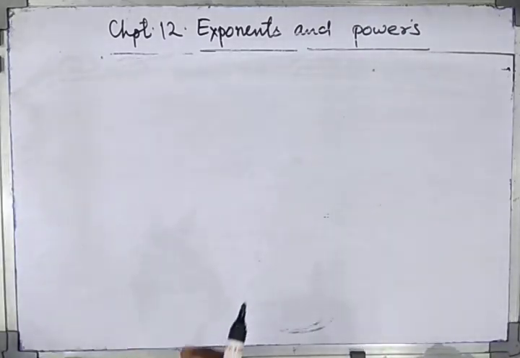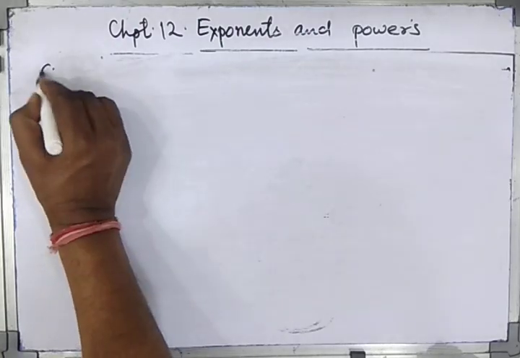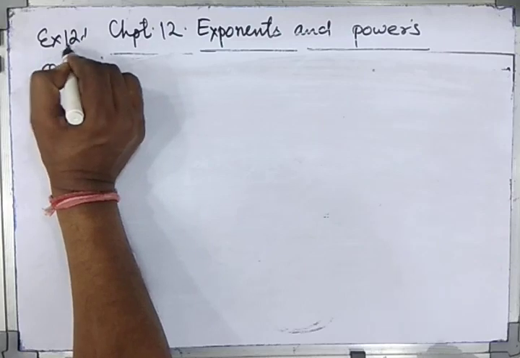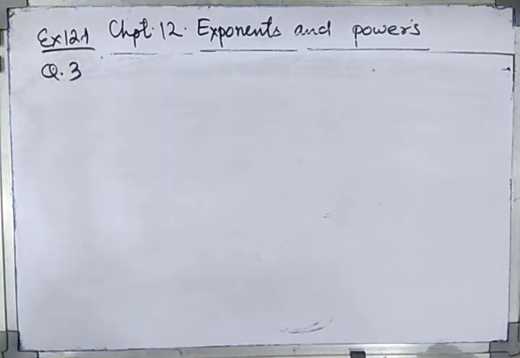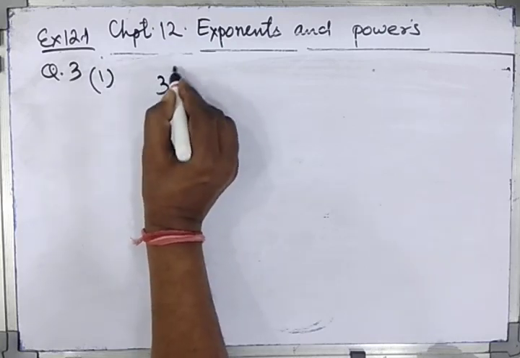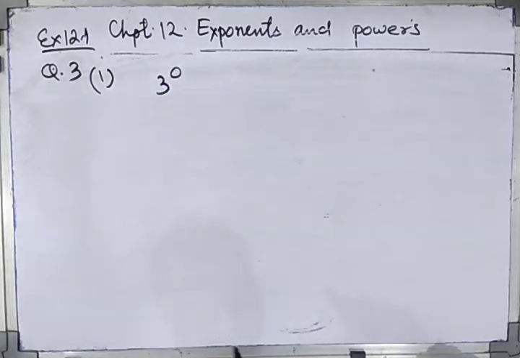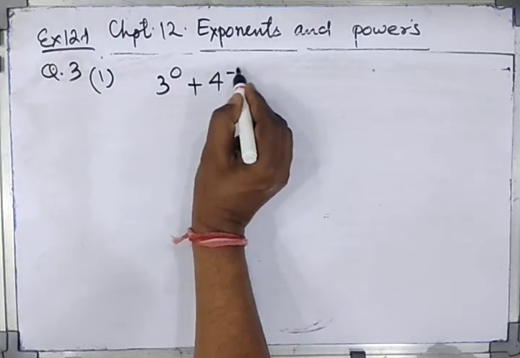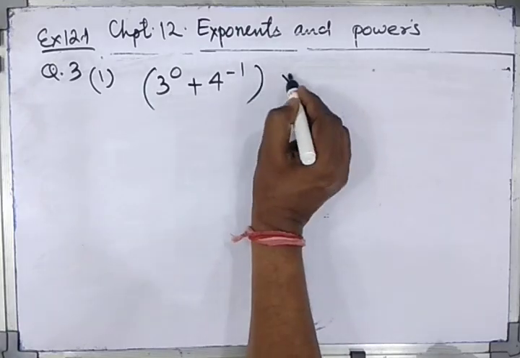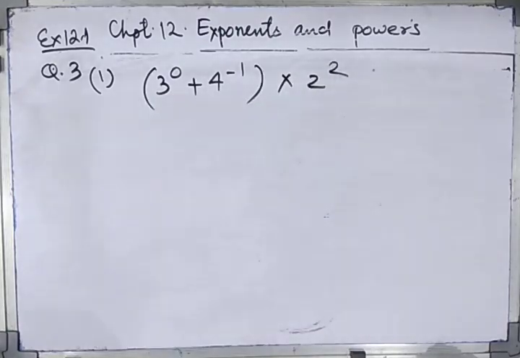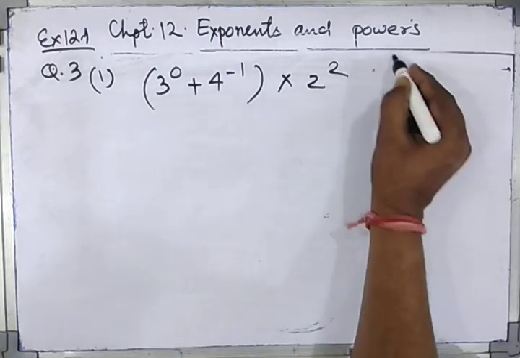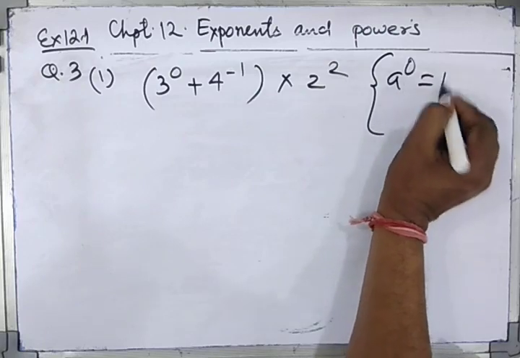Student, find the value. Question number 3, exercise 12.1. First one: 3 raised to 0 plus 4 raised to minus 1 into 2 raised to 2. According to the formula, a raised to 0 is equal to 1.